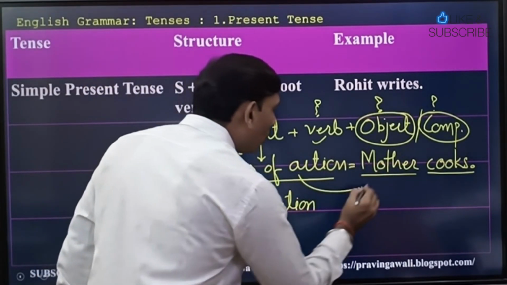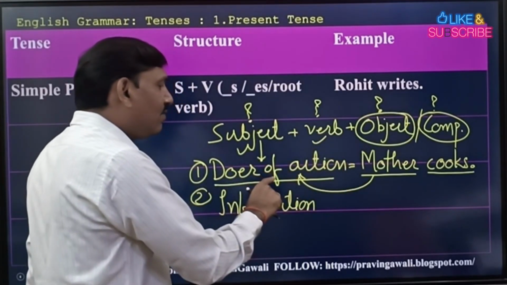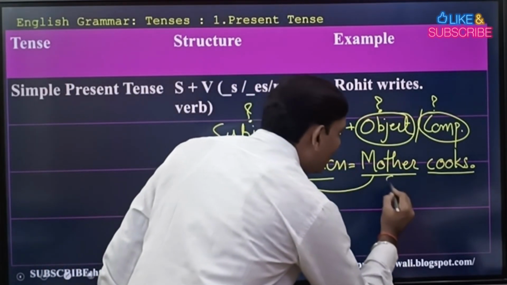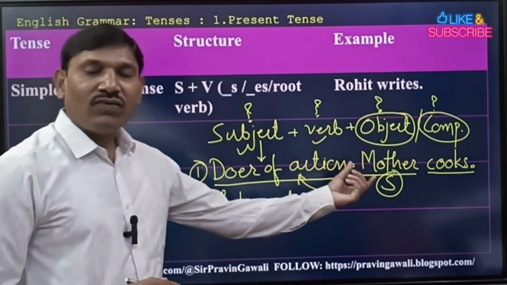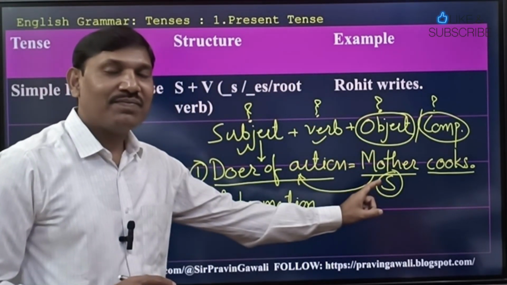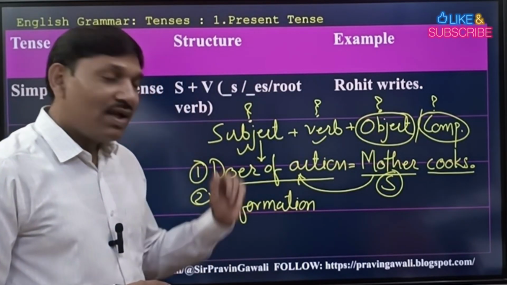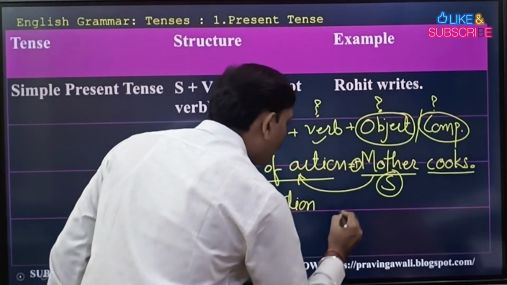Mother is the doer of action. If mother is the doer of action, then what do we call it? We call it a subject. So mother is the subject here, because the doer of action in the sentence is mother. Mother cooks.